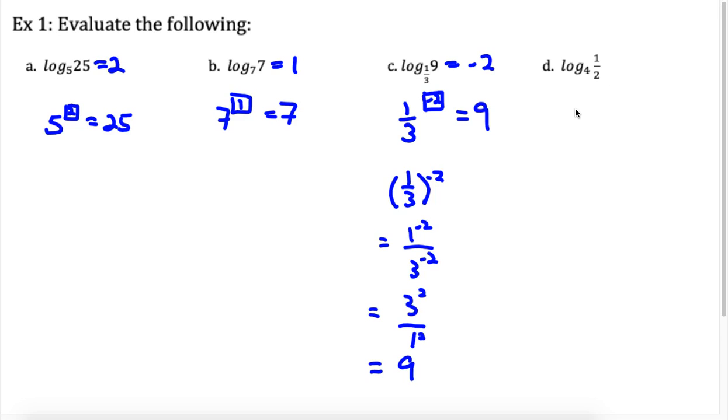For this last one, again, we're thinking 4 to what power equals 1/2? All right, well, here, this one is a little bit, again, weird to think about. I essentially want to bring this 4 to the denominator, but then take its square root. Right?